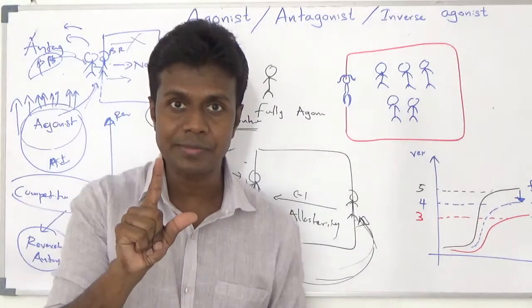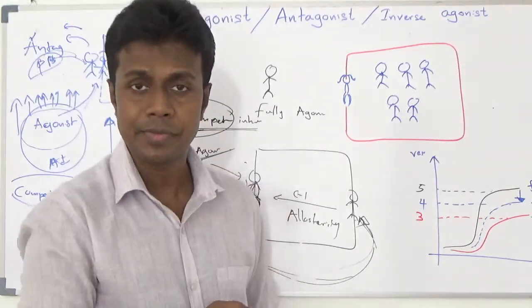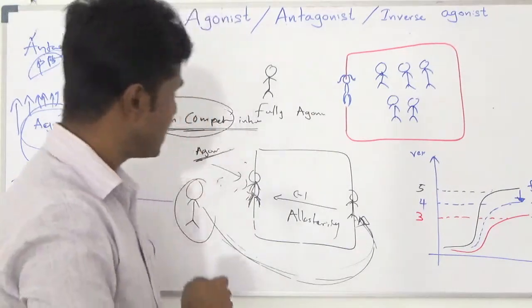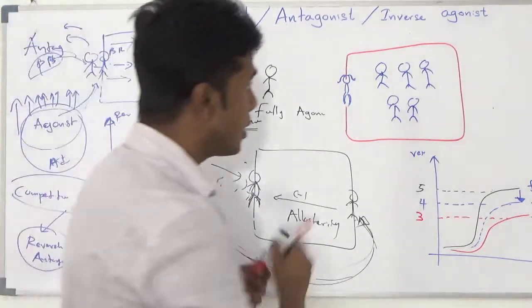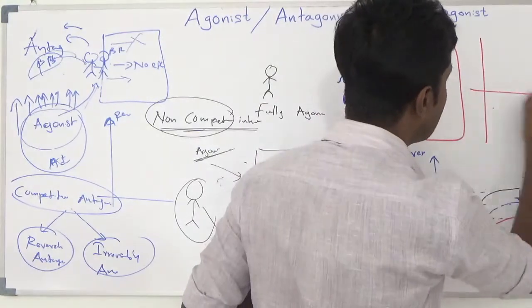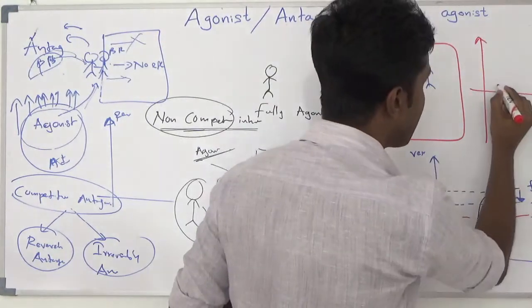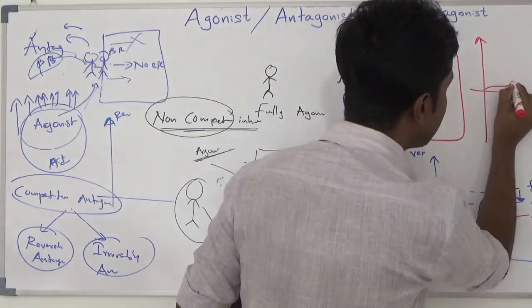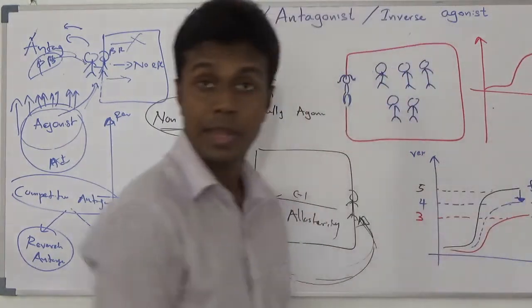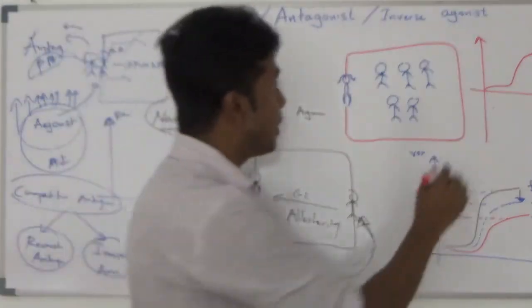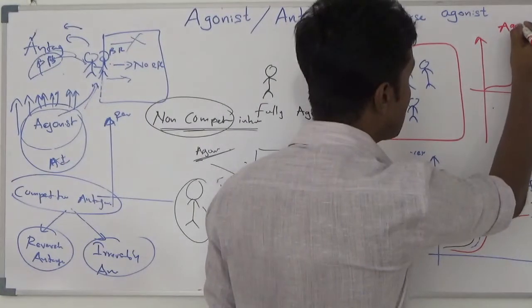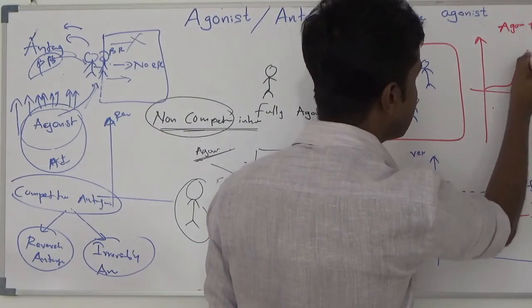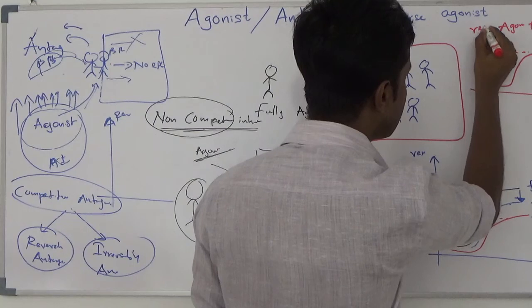Last part of the lecture, inverse agonist. Sometimes once your endogenous agonist binds, the action will be like this. Agonist binds with the receptor. This is the response.